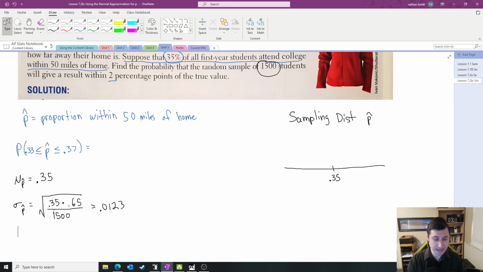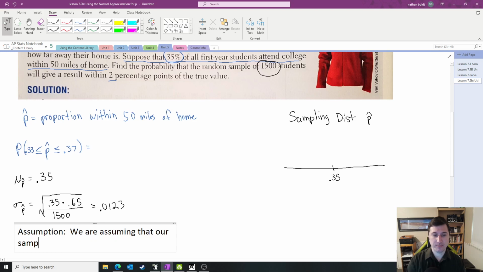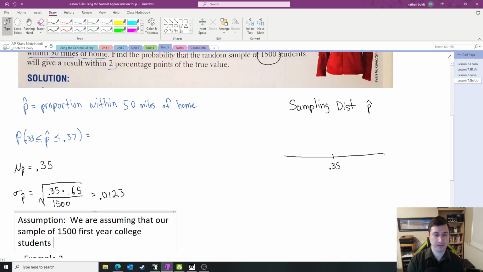So we are making an assumption right now. We are assuming that our sample of 1,500 students, I guess I should even say first year college students, is less than 10% of the population.